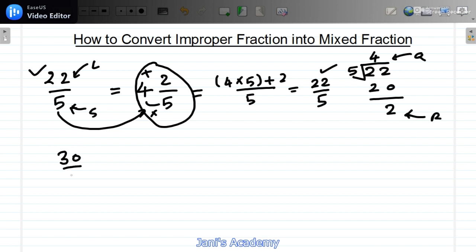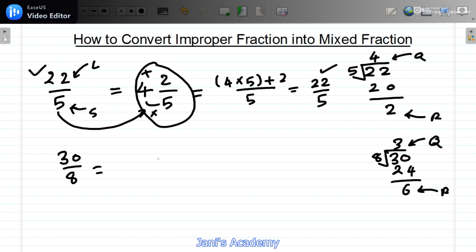30 upon 8. Here again I have to divide 30 by 8. 8 3s are 24, remainder 6. This is my remainder and this is my quotient.